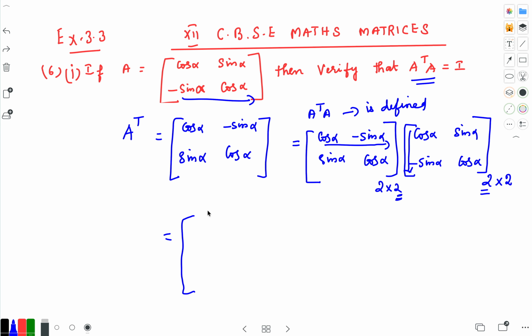Now let's find the first row with the first column: cos alpha into cos alpha, cos square alpha, plus minus sin alpha into minus sin alpha is sin square alpha. Then the first row with the second column: cos alpha sin alpha minus sin alpha into cos alpha.